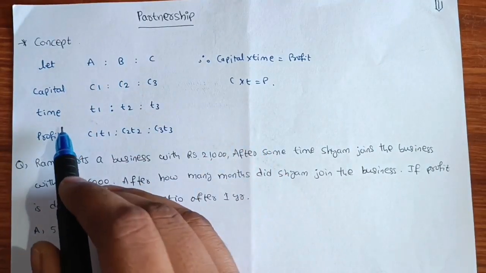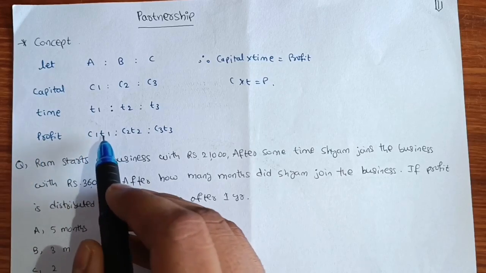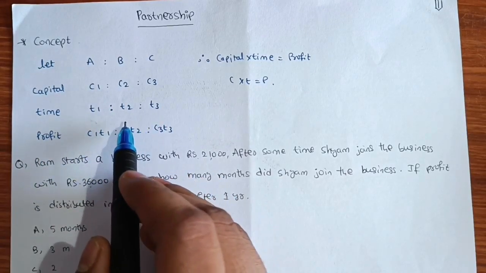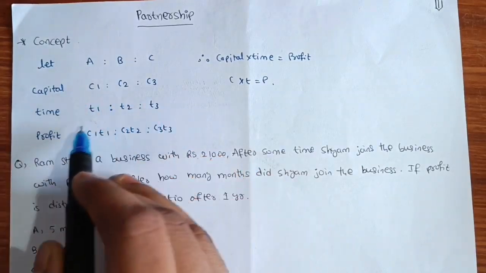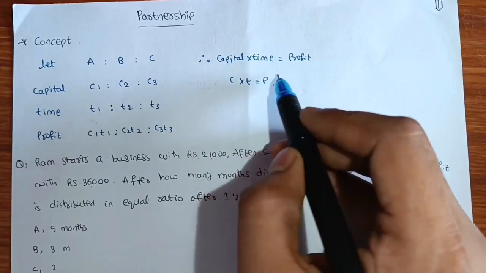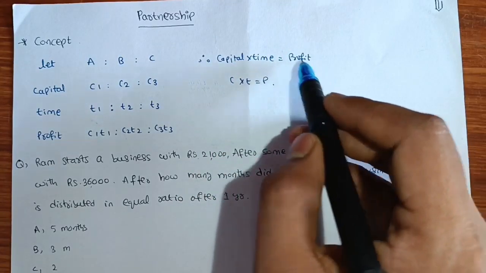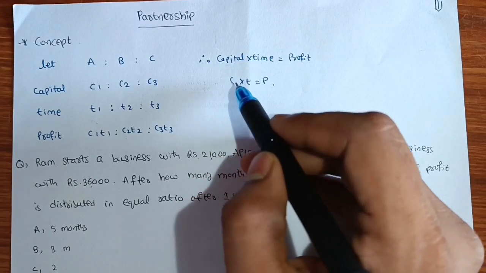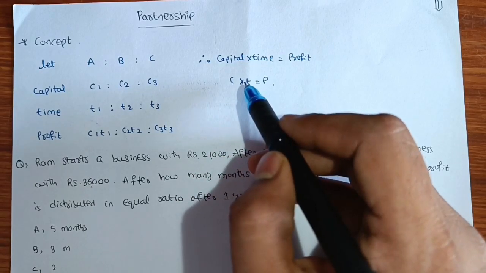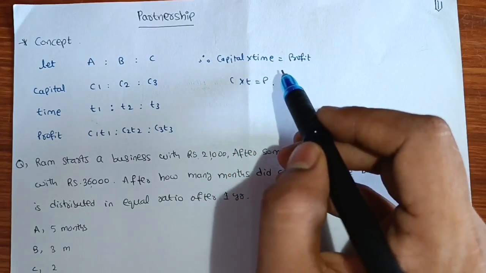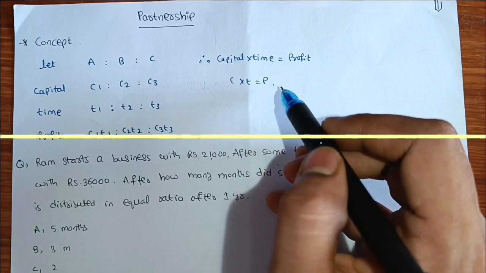At last, we consider profit as capital into time period. These are the ratios we are taking. This is the concept: capital into time equals profit. We need to remember this formula all the time when solving partnership problems, like C into T in shortcut.